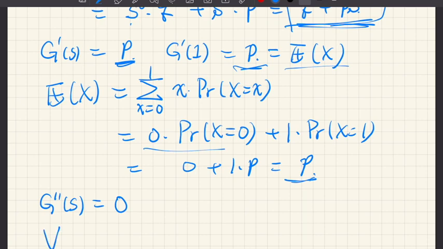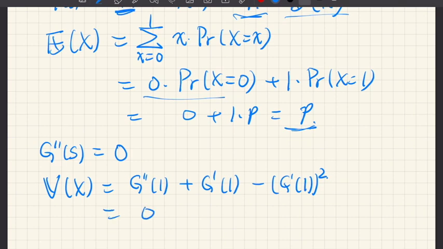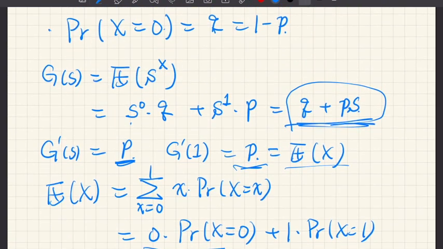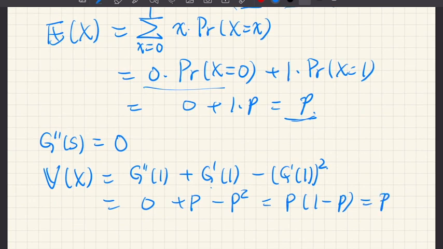So the variance of x is the second derivative, plus the first derivative, minus the square of the first derivative, right? This is 0. This was p. This is p squared. So what we have is p times 1 minus p. And 1 minus p was defined as q, so let's use this notation. So that's pq. So this should be the variance.